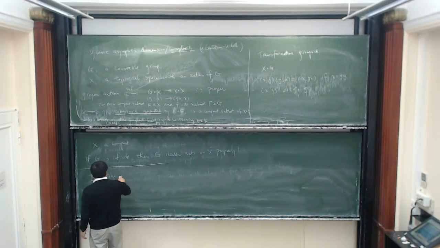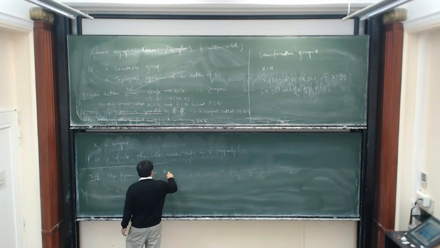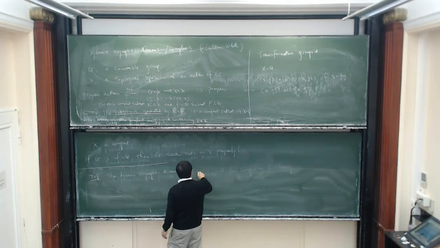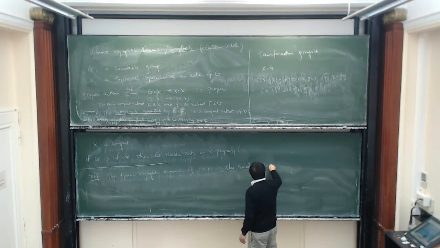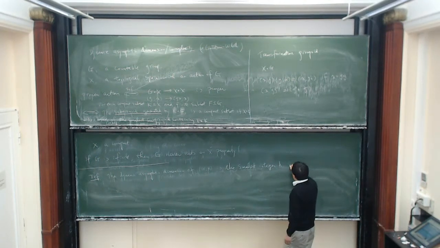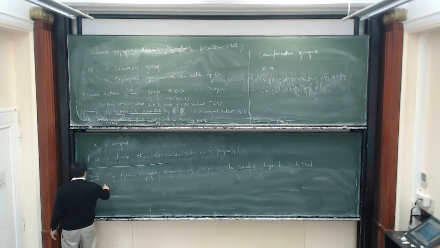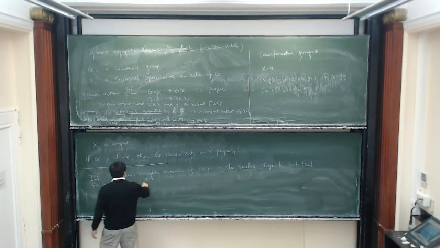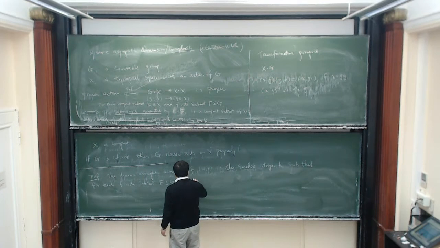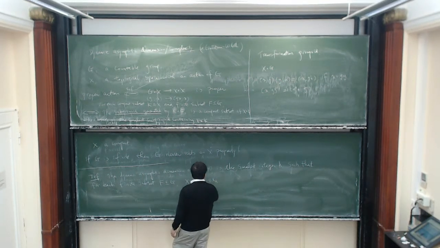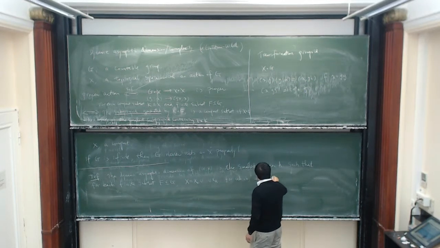So I need to introduce the scale. So for each finite subset F, I can decompose my space, for which, first of all, each Xi is open.